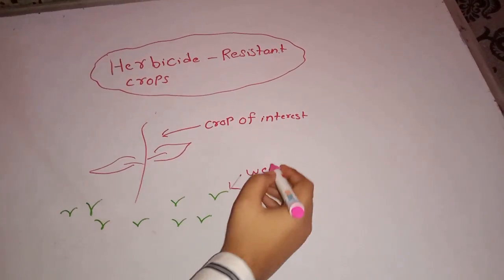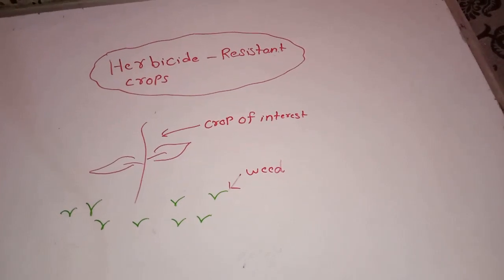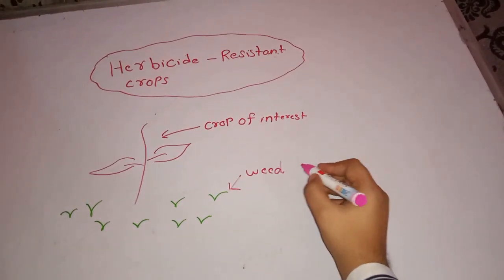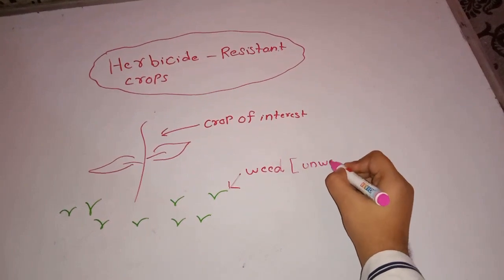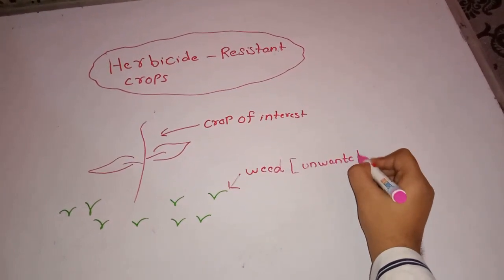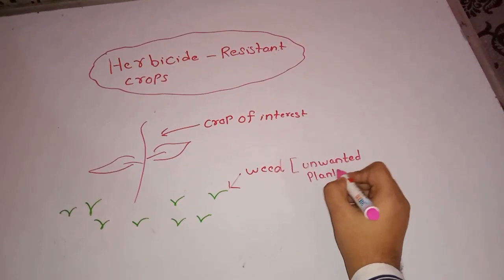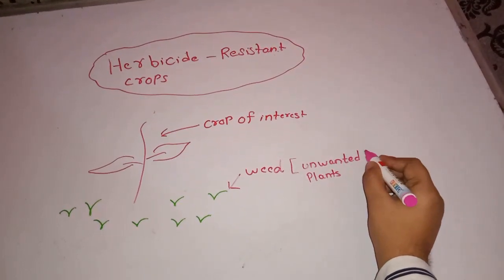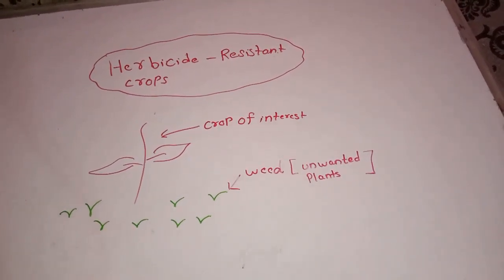Now the question arises: if herbicide kills the plant, how would our plant of interest survive? Here herbicide-resistant crops come into the picture. We want to protect our crop of interest, but kill the unwanted plants or weeds.